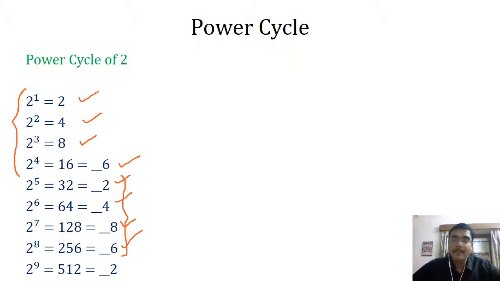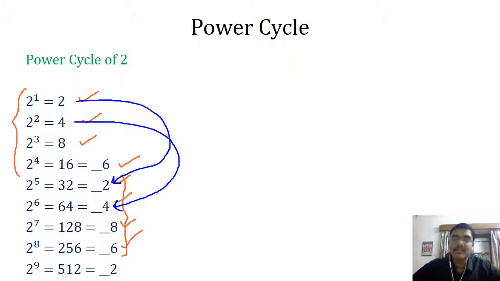That is, the unit digit that 2 to power 1 has gets repeated at 2 to power 5 after 4 powers. Similarly, whatever unit digit is there at 2 square gets repeated for 2 to power 6 and so on. Similarly, 2 to power 9, that is 512, has the same unit digit as that of 2 to power 1 because it is getting repeated after a multiple of 4.